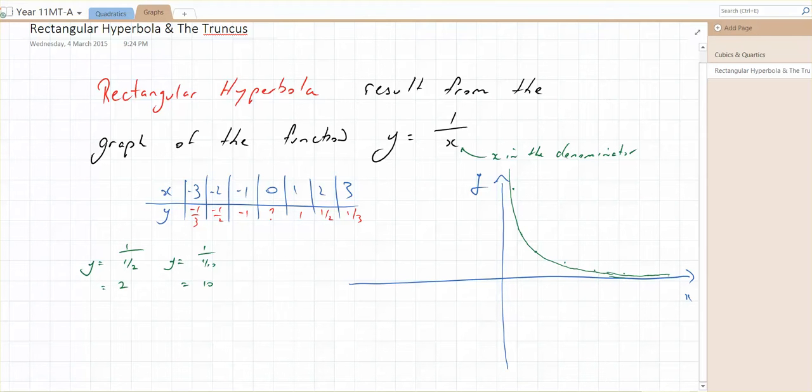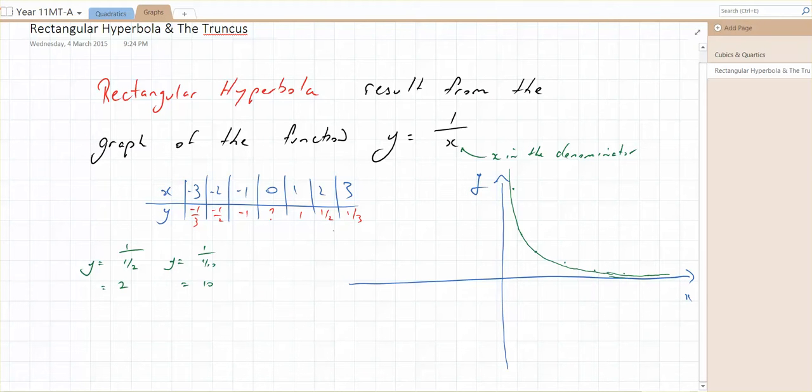We've talked about this. x can't be 0. So as x gets really, really small, y is getting hugely big. And as x gets large, as it goes down here, 100 million, y is ridiculously small, but never 0. So these two never touch the axes because they can never equal 0.